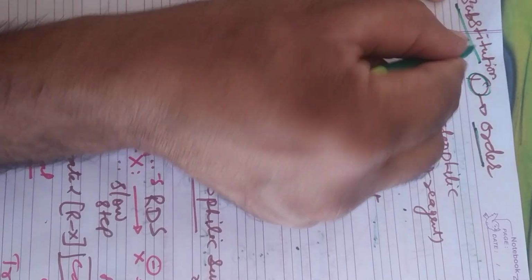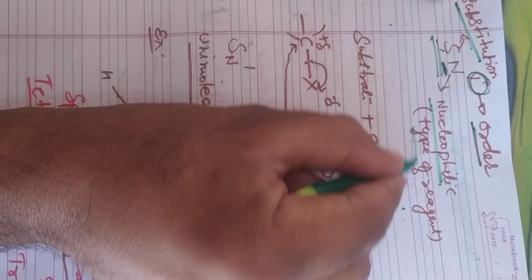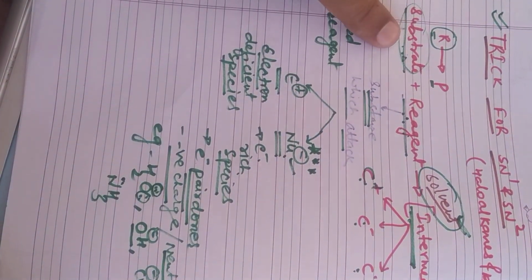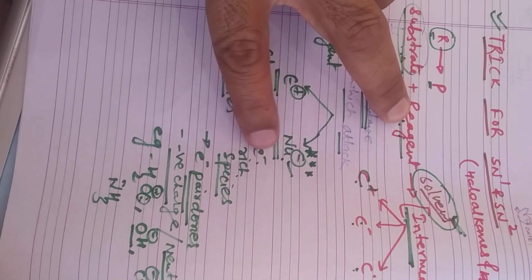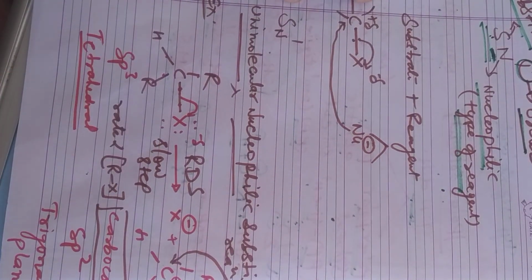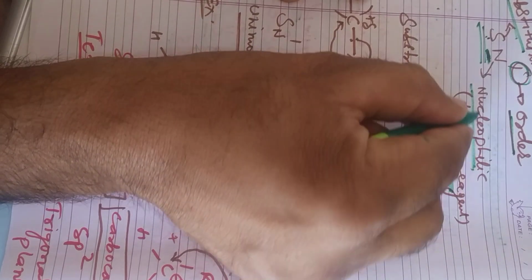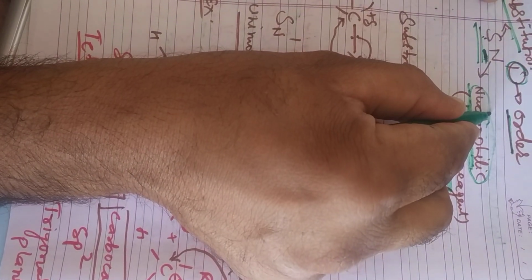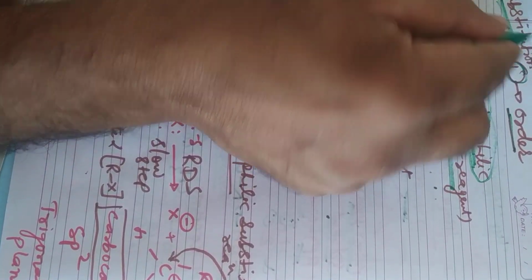N represents the type of reagent. Here we are discussing two things, substrate and reagent. If the reagent is a nucleophile, then this type of reaction is nucleophilic, and one atom substitutes another, so its name is substitution.